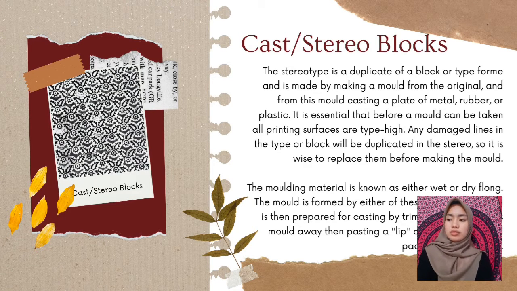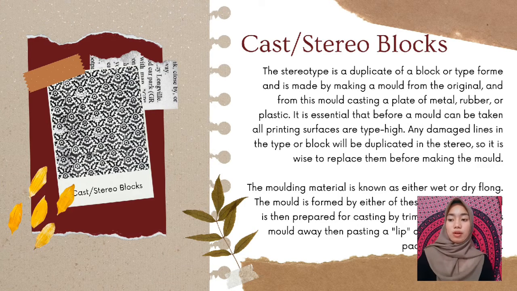The molding material is known as either wet or dry flong. So actually, wet flong is made from layers of blotting paper and tissue, and it's prepared for use prior to the mold being made, and is beaten into the form with a stiff brush.